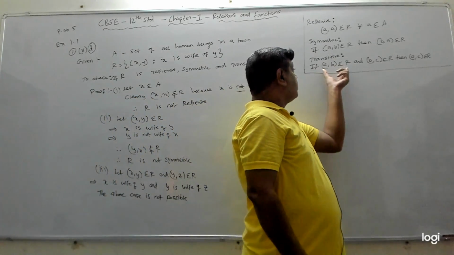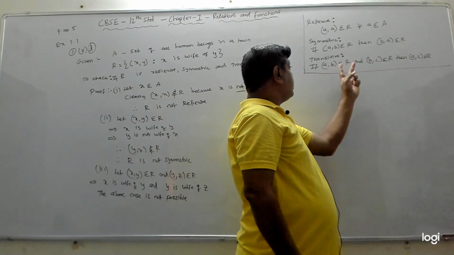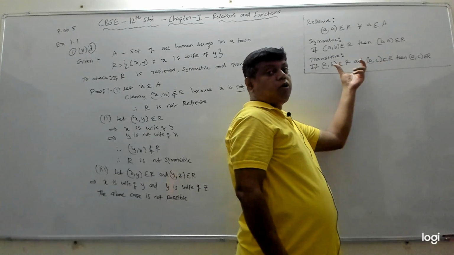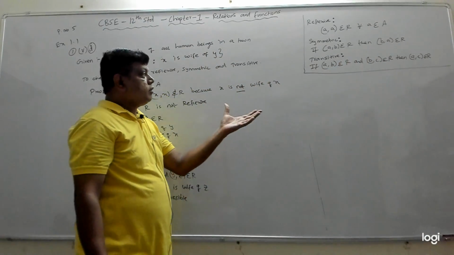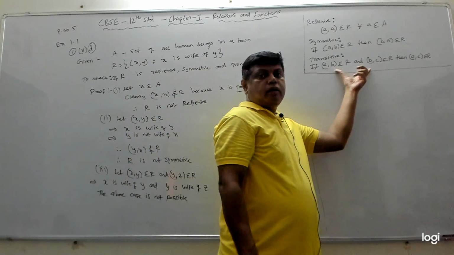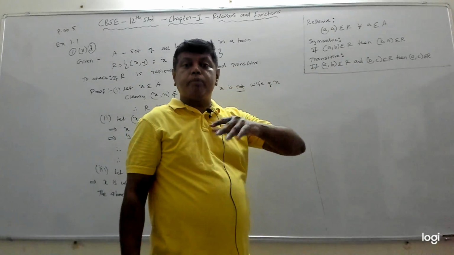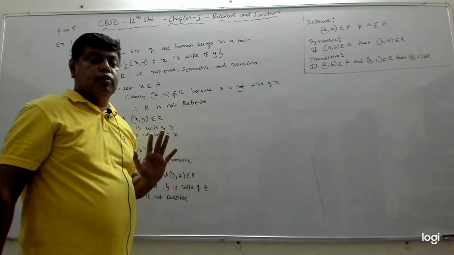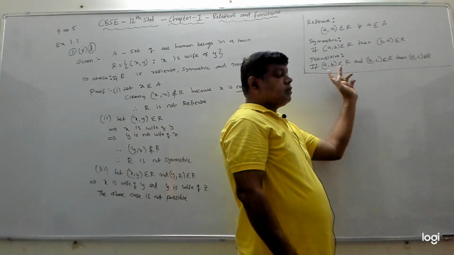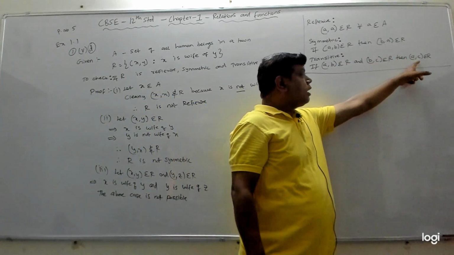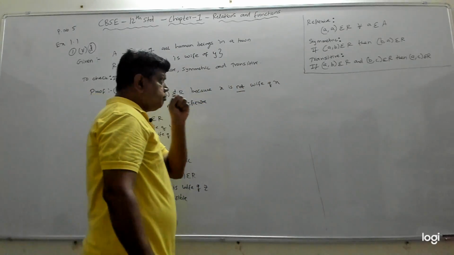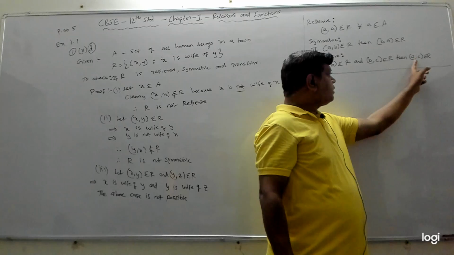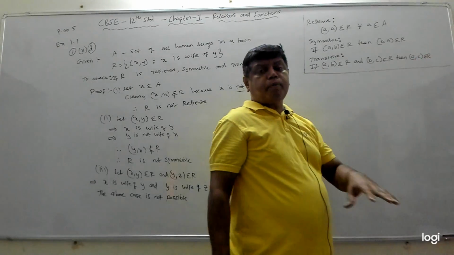You cannot find two elements like a comma b belongs to R, b comma c belongs to R. This itself does not exist. We cannot find such a pair. So it becomes transitive. If we cannot even find such two elements, then we cannot say a comma c belongs to R or a comma c does not belong to R.